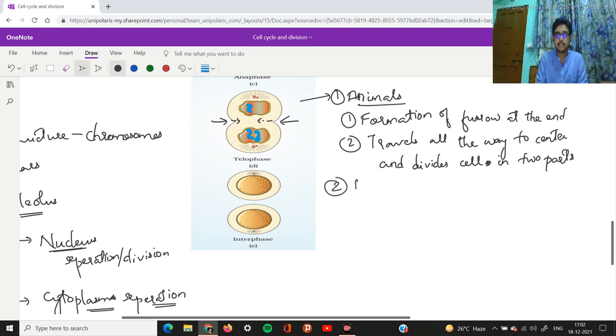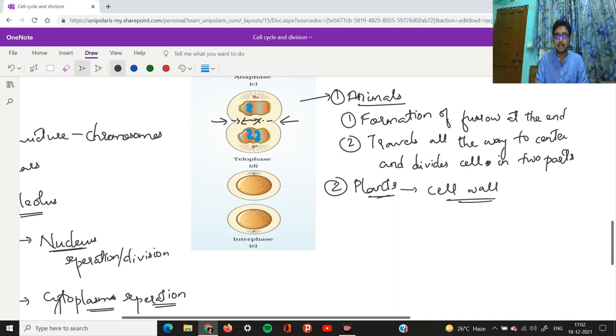There is another way that takes place in plants. Now plants have a cell wall and this can't take place. So in plants, the furrow will begin from the center and travel towards the outside, and the plant cell will separate and form two daughter cells in the end because they have a cell wall.